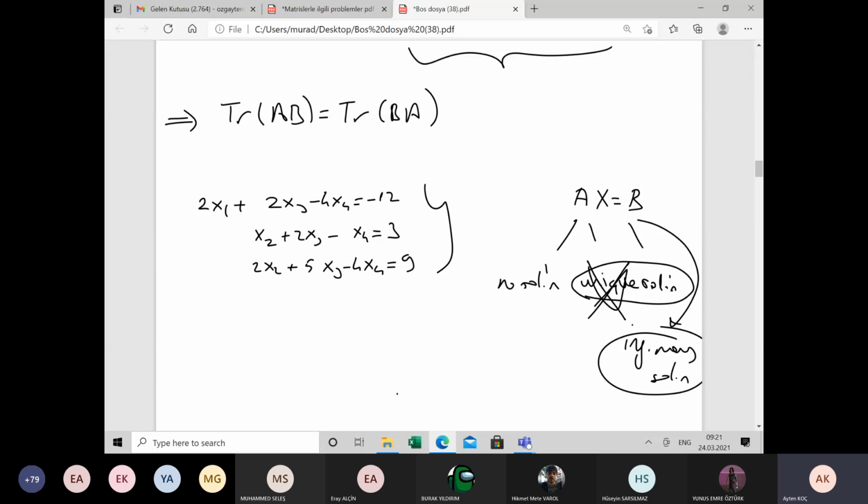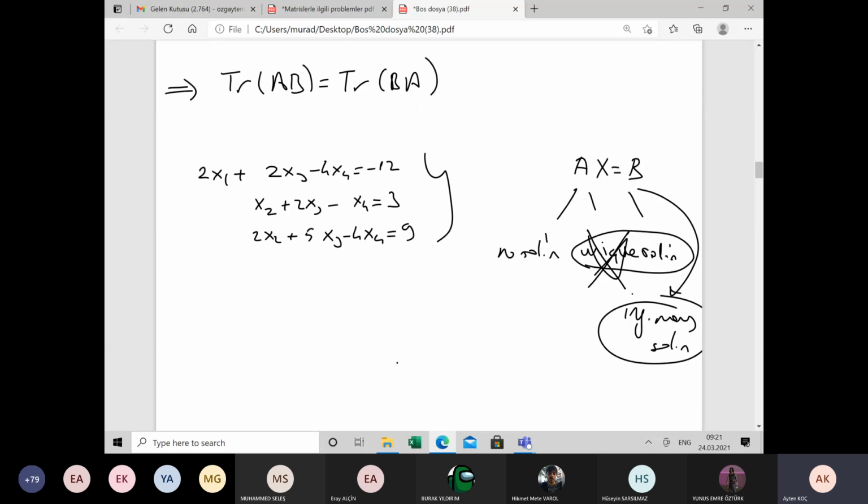Let's solve this one and see the answer. First of all, you have to write the augmented matrix. Write the coefficient matrix. Coefficients of x1: 2, 0, 0. Coefficients of x2: 0, 1, 2. Coefficients of x3: 2, 2, 5.